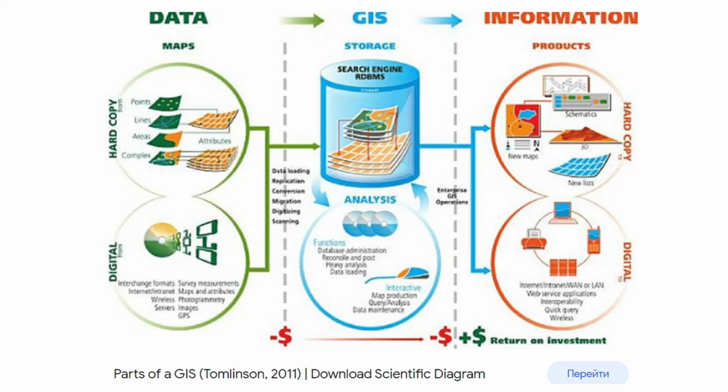Well, what are the main parts of GIS? In the book by Roger Tomlinson, you can see different kinds of spatial data, which are hard copy or analog maps, and also digital information from space satellites, from different sensors, temperature sensors, humidity sensors, and other sensors, also statistical data.